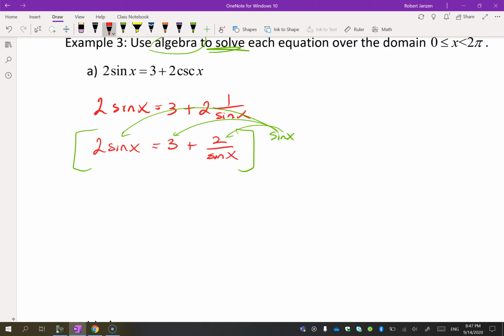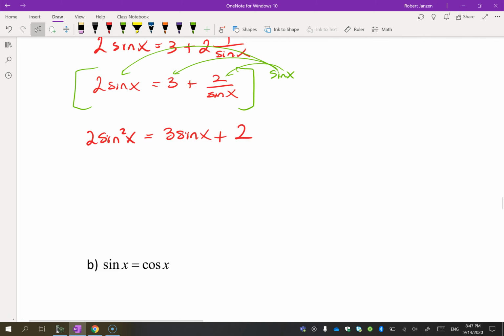So what happens? Well, the first one becomes 2 sine squared. This becomes 3 sine. And here the sines cancel, leaves me with 2. So let's bring everything to one side of the equation. Let's factor.